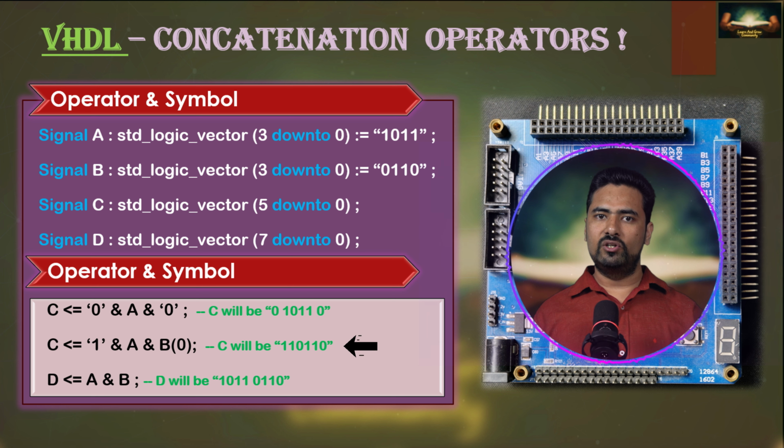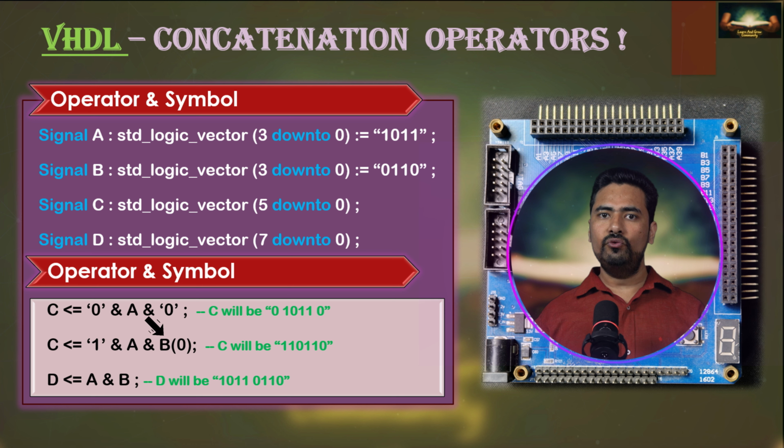C gets the value of 1, concatenation A, concatenation B(0), semicolon. So let's decode this statement. Here C is 6-bit std_logic data. We added a hard-coded 1 at the very start. Then we added signal A, which is the 4-bit data.